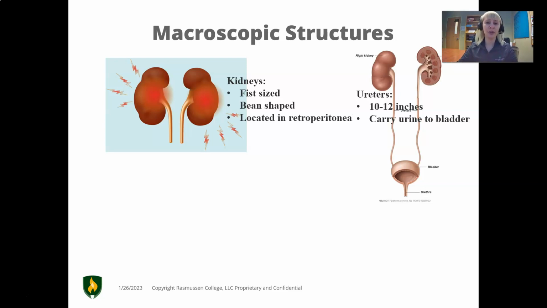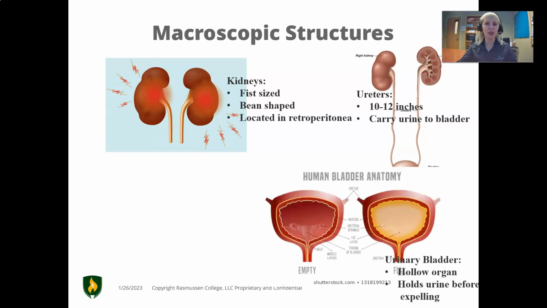And their whole job is just to carry urine from the kidneys down to the bladder. Which then leads us into our next macroscopic structure, which is your urinary bladder. This is a hollow organ found in the anterior abdominal cavity, so the lower part of your abdominal front, and its whole job is to hold urine until it gets expelled from the body.